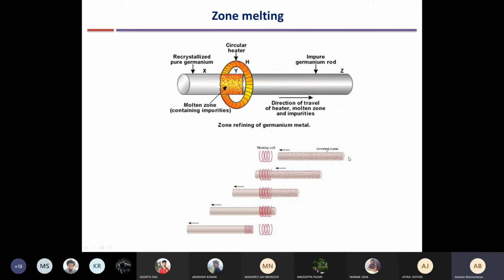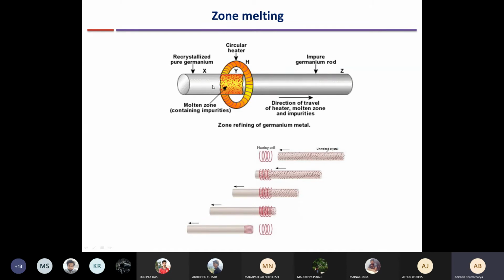Either you move the material or you keep the material fixed. Generally the material is kept fixed and the heater is moved at a constant velocity from one side to the other. The main advantage here is that you are just melting a very small part, not the entire material, and you are not doing anything to remove the impurities. Just because of physics, because of partitioning, the impurities get accumulated in the liquid, and we obtain solid which is much more pure.